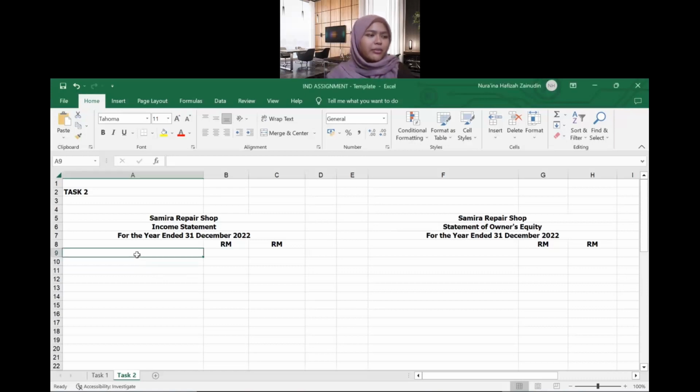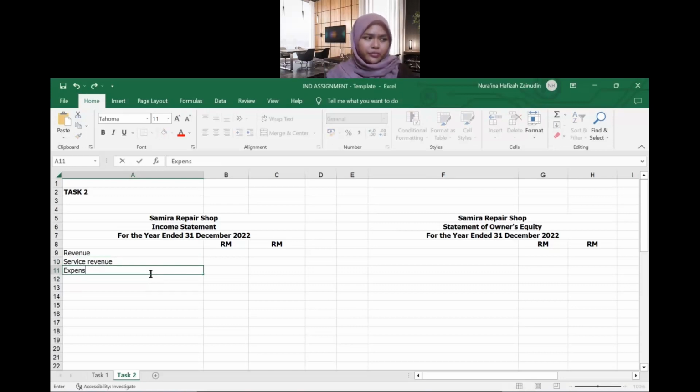Okay, for the income statement, we have the revenue. In revenue, we have the service revenue. And in the income statement, we also have the expenses. In the expenses, we have the supply expenses.